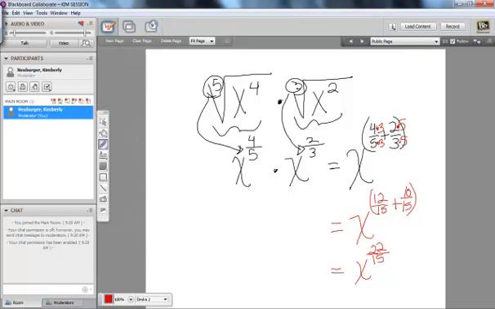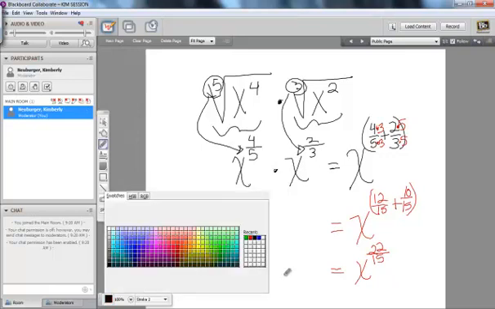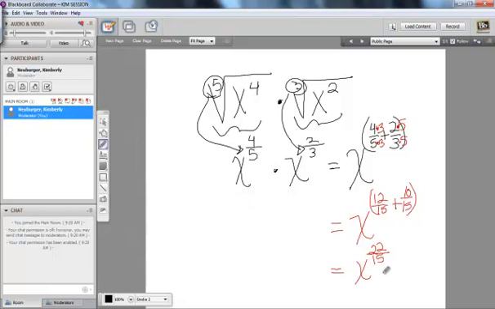Now we can go ahead and, since we started in radical form, switch this back into radical form. You can just switch it and then simplify, or you can recognize that this right here is an improper fraction. If we were to write it as a mixed number, it would be 1 7/15, which means this is really x to the first times x to the 7/15.